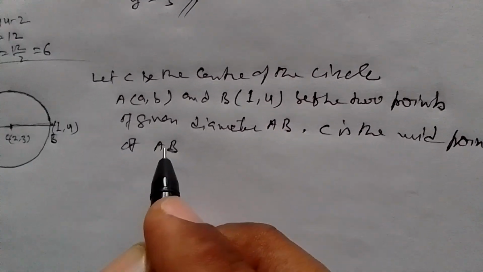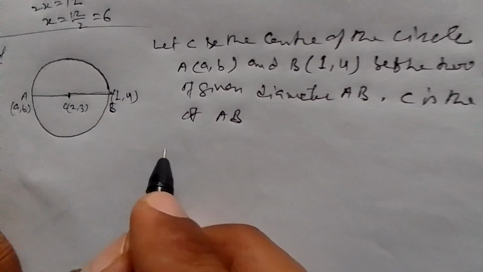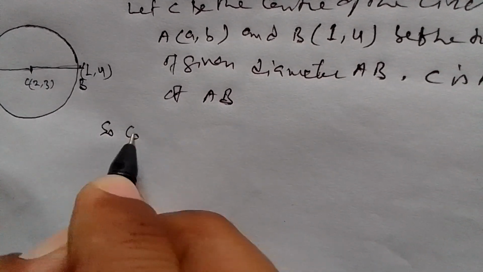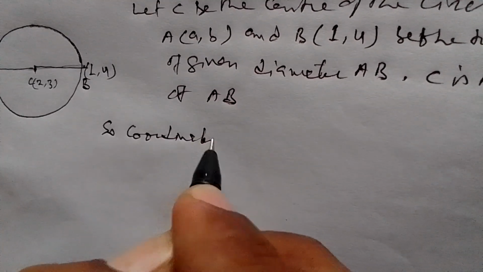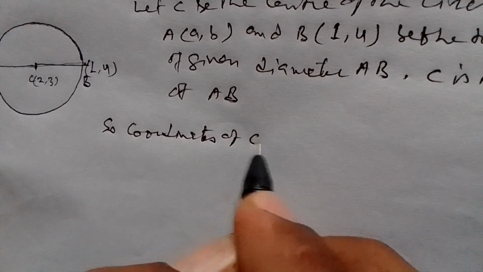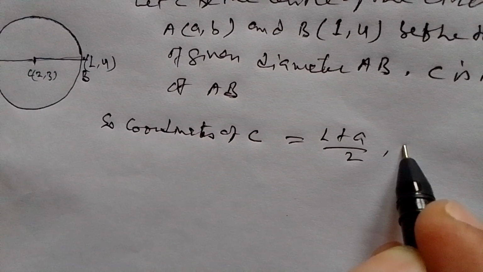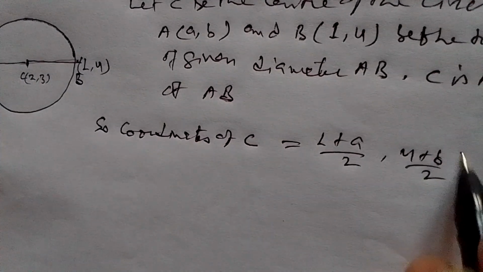So we will equate the coordinates of C to (1 plus a) divided by 2 comma (4 plus b) divided by 2.